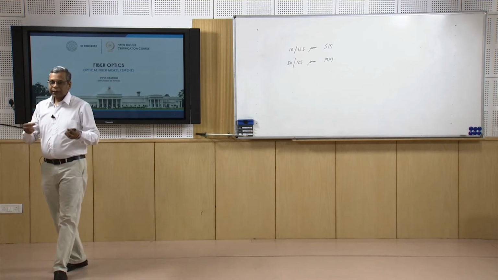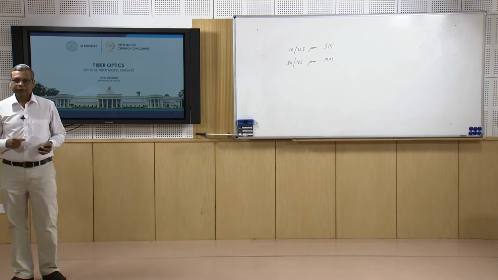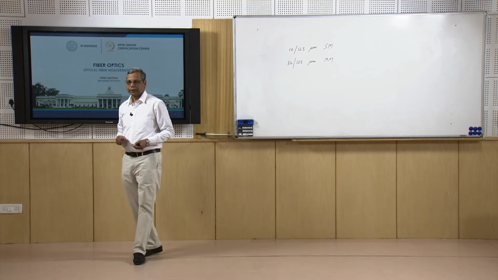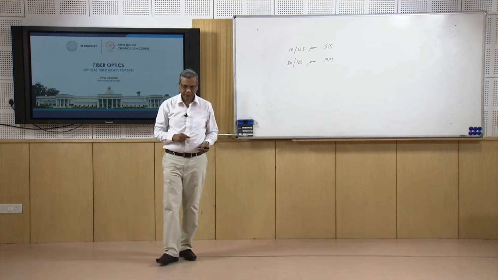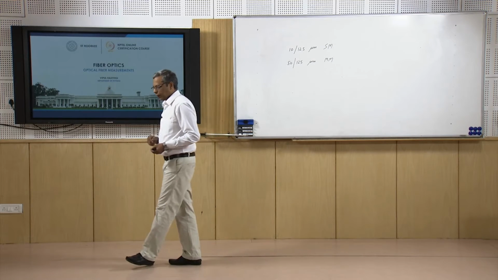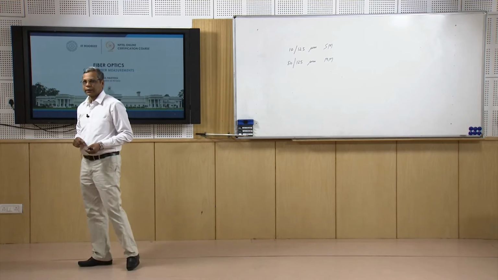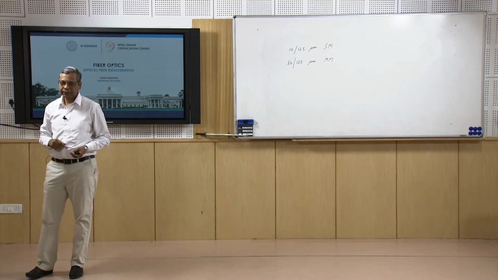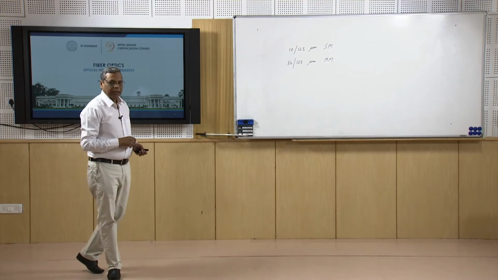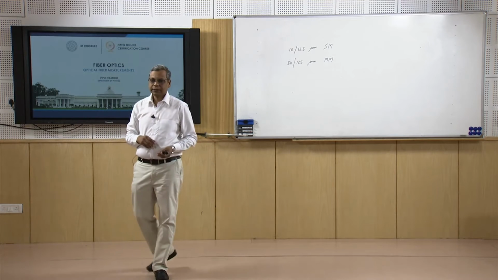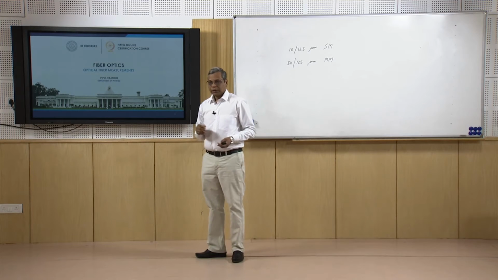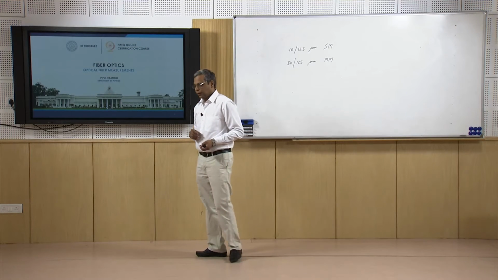So, if we look at this fiber, by just looking at it, we cannot make out whether it is a single mode fiber or a multimode fiber. We cannot say what the numerical aperture of the fiber is, what the cutoff wavelength of the fiber is, at what wavelength it will behave as single mode, at what wavelength it will behave as multimode, or what the losses of the fiber are.